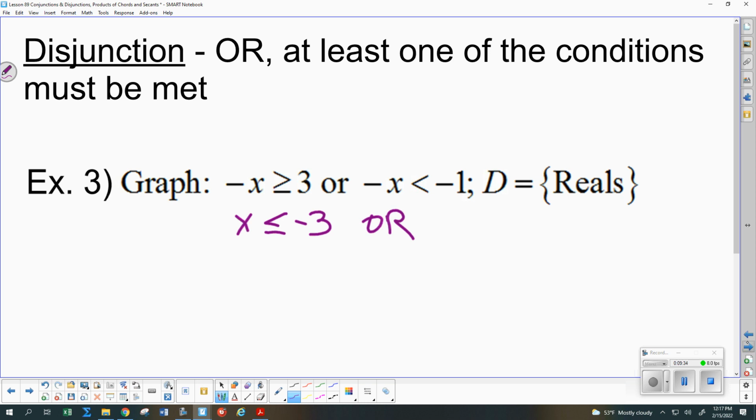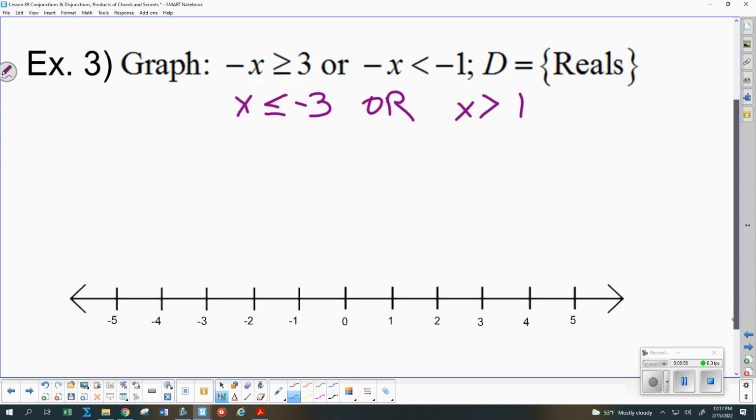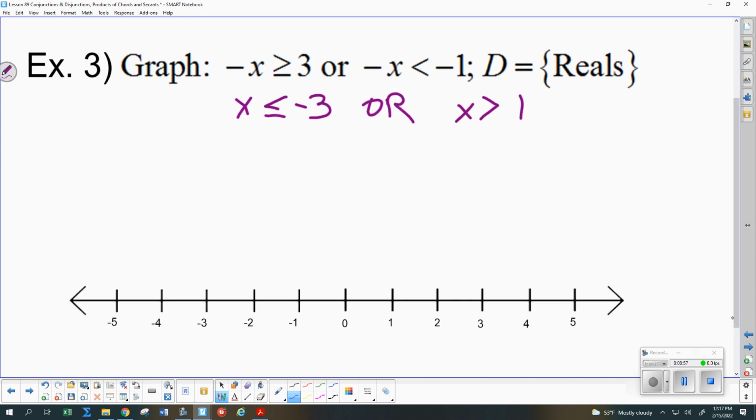Are you agreeing with my work so far? Okay, now what about the second one? When we multiply that by -1, what will we have, Yesenia? So multiply both by the -1 and we have x and we have 1, turn the inequality the other way. So here's our number line.